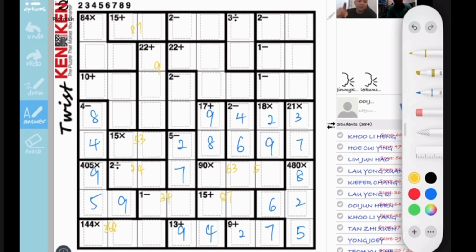Okay, and looking at the first column, 7 cannot be here because we don't have a 1. So there must be a 7 here. But we have a 7 at the first row.